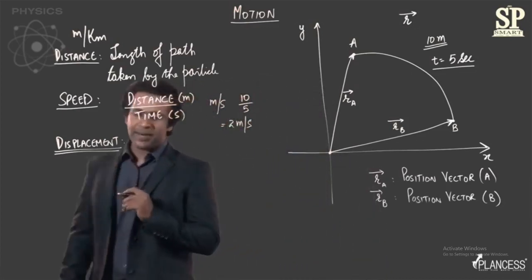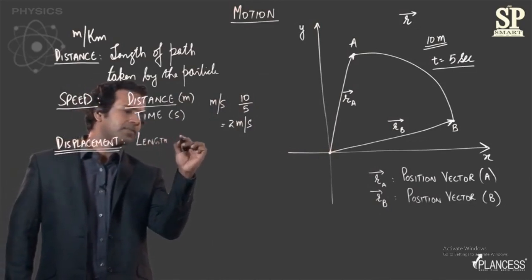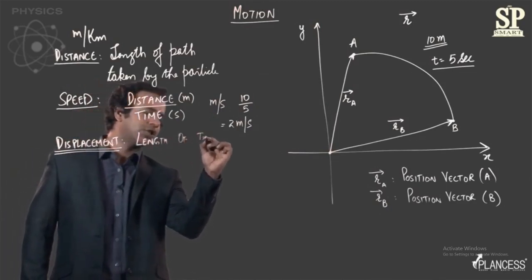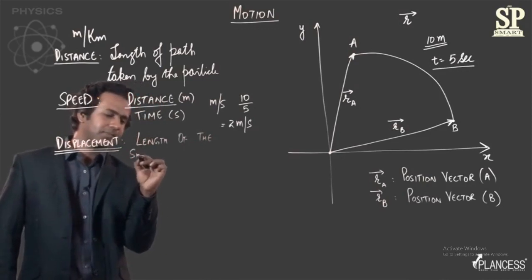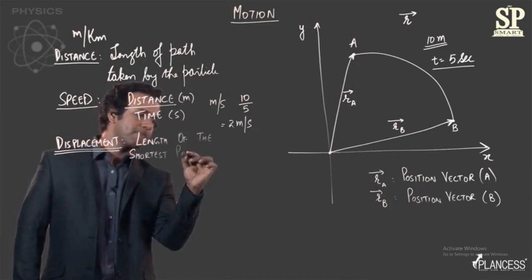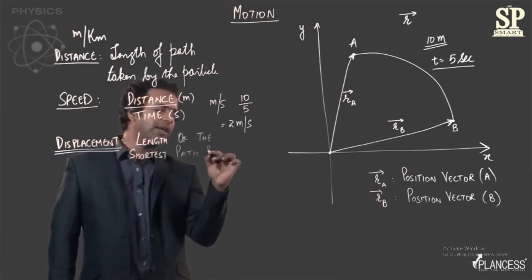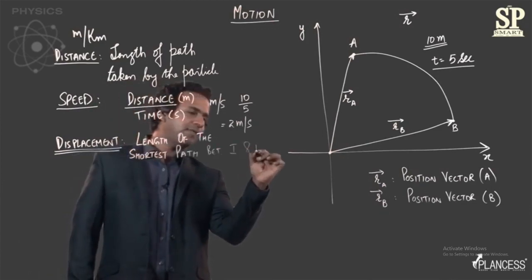So, displacement is the length of the shortest path between initial and final position.